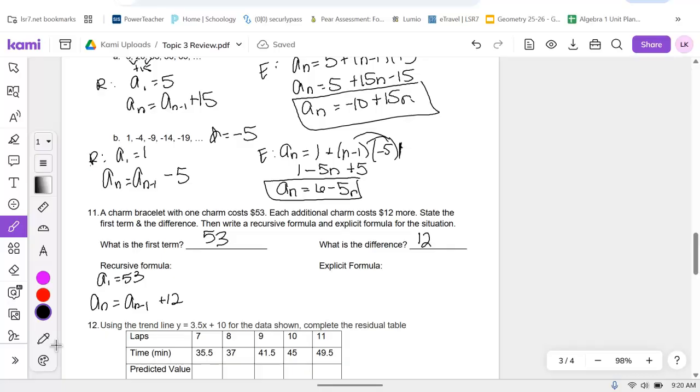My explicit formula would be AN equals 53 plus n minus 1 times 12. I multiply that out, 53 plus 12n minus 12. So AN equals 41 plus 12n.